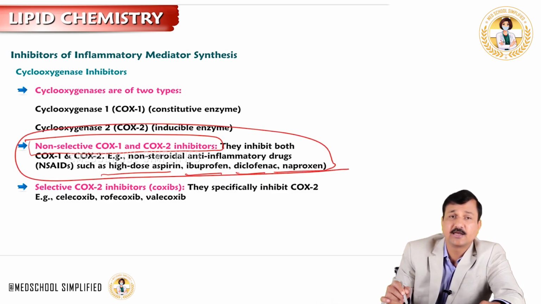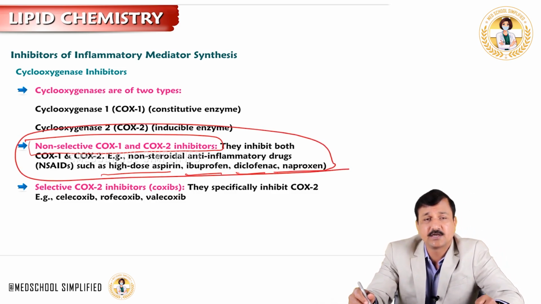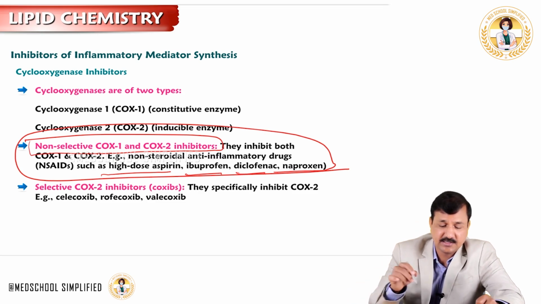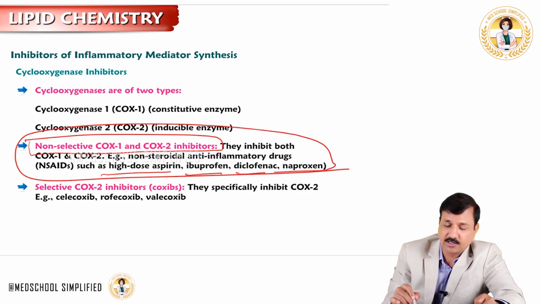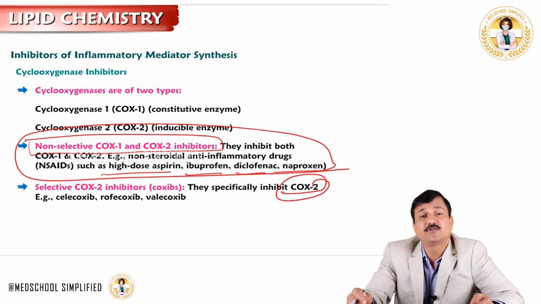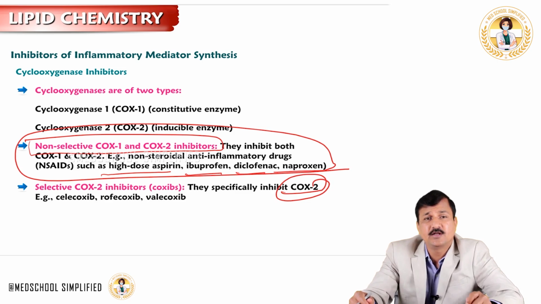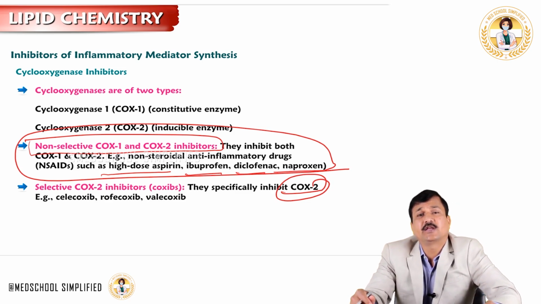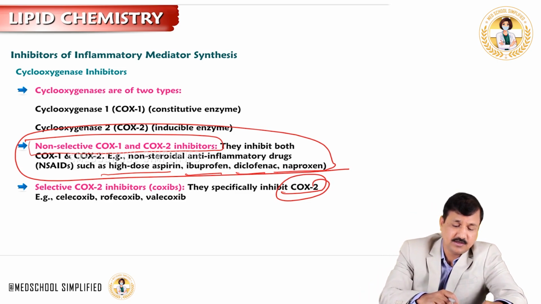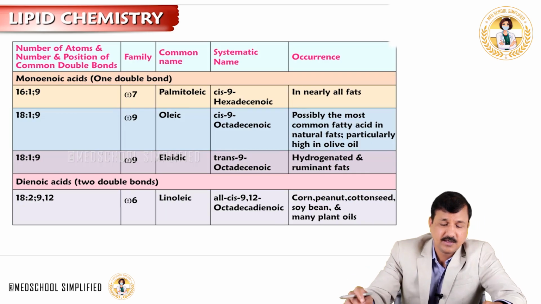They inhibit both enzymes and thereby may have some side effects. Whereas selective COX-2 inhibitors like coxibs specifically inhibit the COX-2 enzyme, thereby efficiently decreasing pain and fever without leading to gastric ulcer formation. So have an idea on that part also.